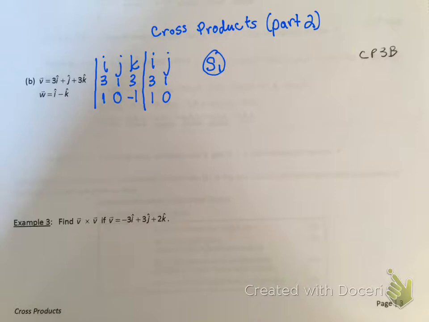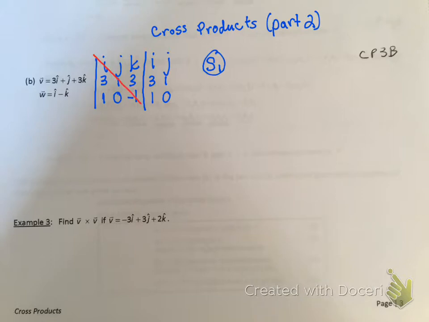So sum 1, I'm going to start with I and get J and K. So I'm going to change the color really quick. Let's use red. Okay, so I'm doing I first.